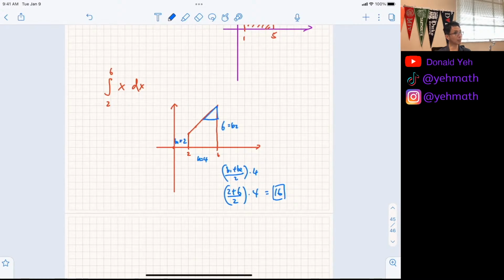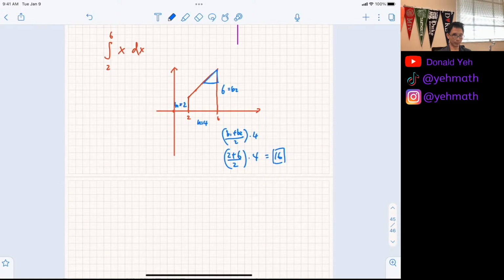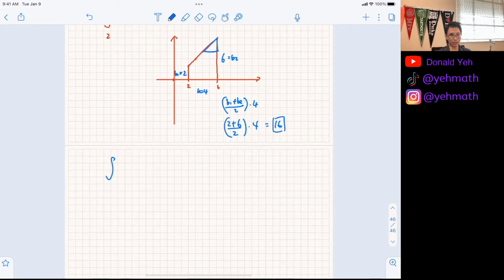Any questions? Integration between, remember, you're going to get an evaluation. You're not going to get an expression. A lot of you guys say 2x or 4x or whatever. You're supposed to get an evaluation. You're supposed to get an area.